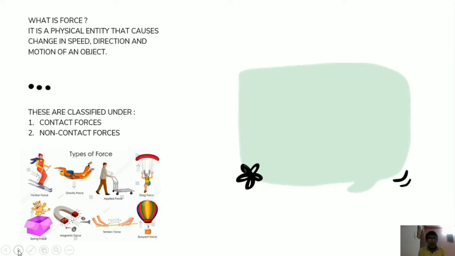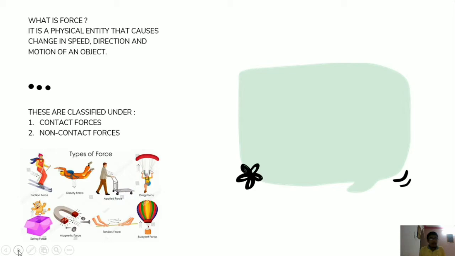So what is force? It is a physical entity that causes change in speed, direction and motion of an object. It is a physical parameter which affects the speed, direction or motion of an object.